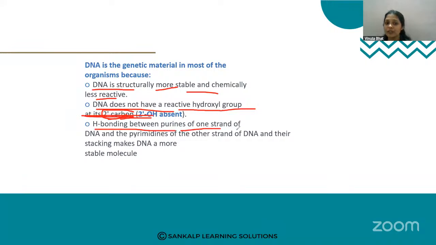Hydrogen bonding between the purines of one strand of the DNA and the pyrimidines of the other strand, and their stacking, makes DNA a more stable molecule. These are the reasons why DNA is the genetic material in most organisms.